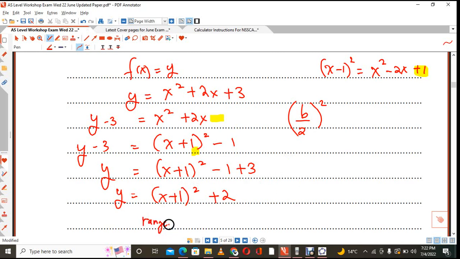Right, the range is this particular value. Remember, this graph is in vertex form. So what is this lowest point going to be? We refer to a parabola as something that has got a turning point.